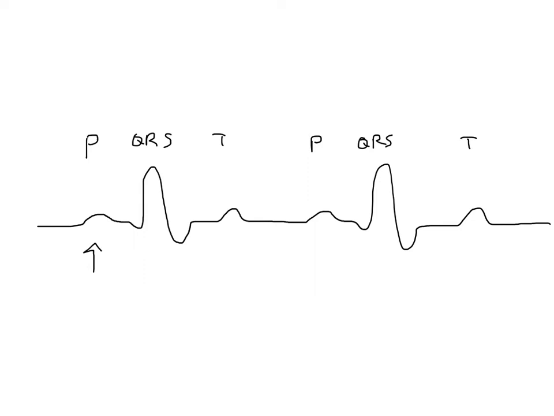The P wave is the signal for atrial systole or contraction, and that signal is derived from the pacemaker potential at the SA node.